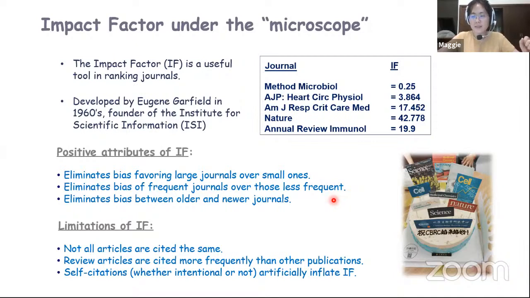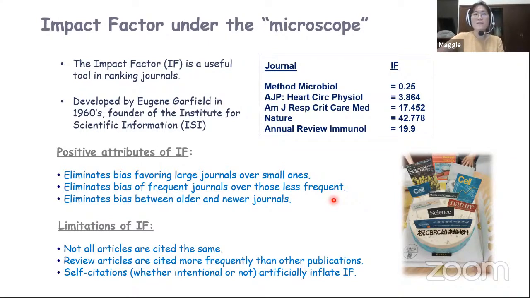So the second limitation of the impact factor, as I mentioned, is that review articles are cited more frequently than other publications. And last, self-citations, whether intentional or not, artificially inflate the impact factor. When we calculate the impact factor, we don't count the self-citations.